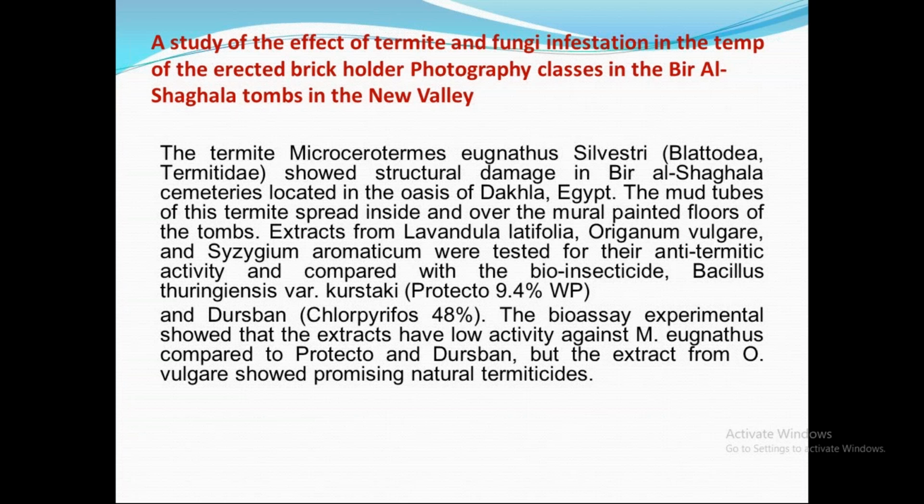Extracts from lavender and incense oils like marjoram and clove were tested for their activity against termites and compared with the bioinsecticide Bacillus and chemical pesticides like Rosban and Protecto.